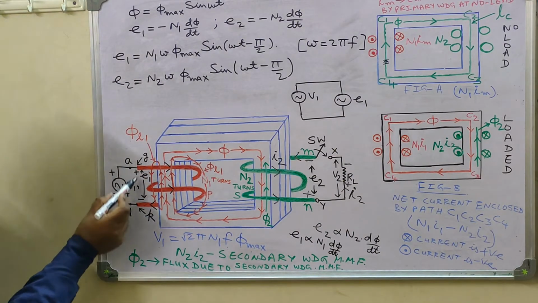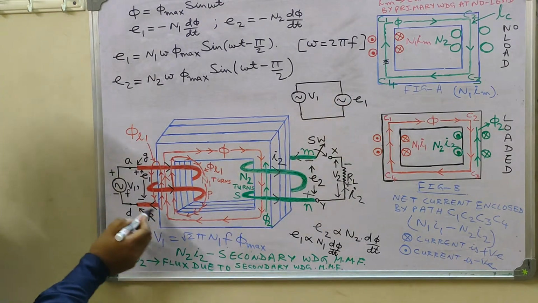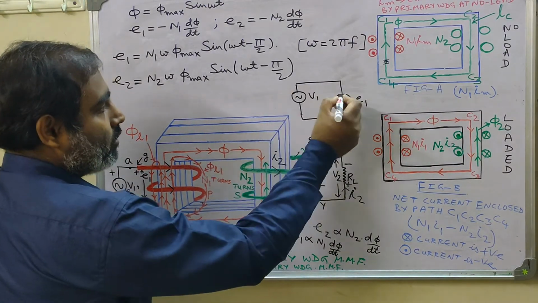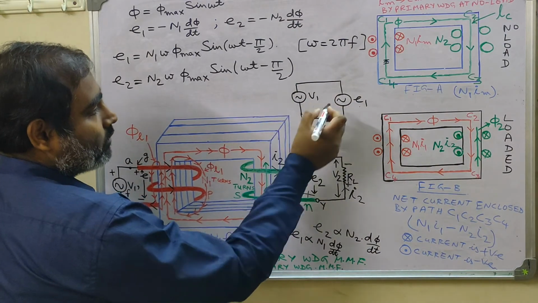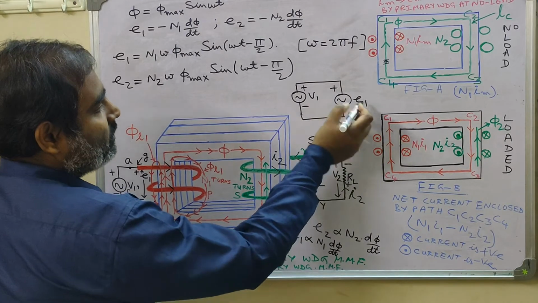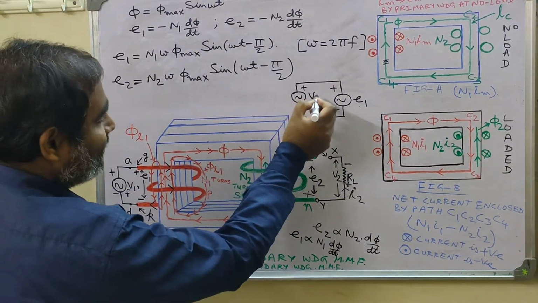So this is my applied voltage V1 and this is your EMF induced in the primary coil P, because we are taking the primary coil P as a source of EMF, seat of EMF. So now as per Lenz's law, E1 should oppose V1. So if this is plus, then this should be also plus, because E1 will be opposing V1 as per Lenz's law.